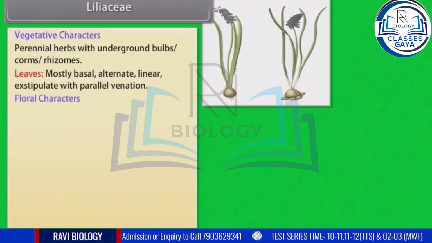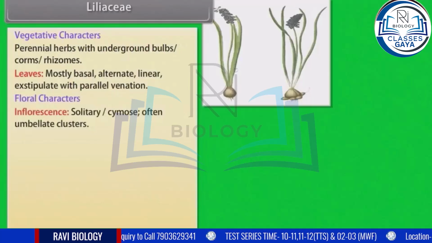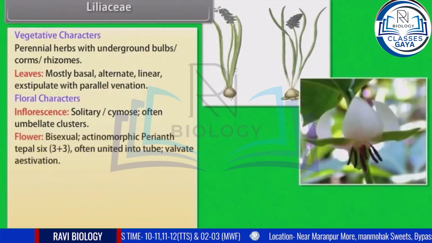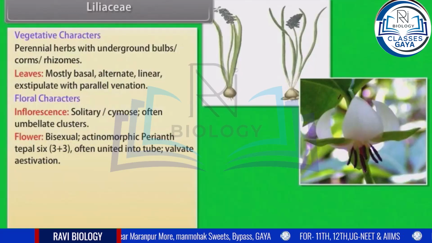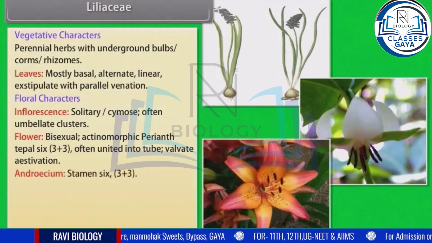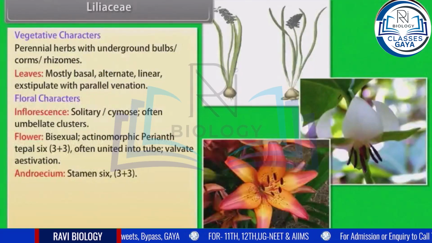Floral characters: inflorescence solitary, cymose, often umbellate clusters. Flower bisexual, actinomorphic. Perianth tepals 6, 3+3, often united into tube, valvate aestivation. Androecium, stamens 6, 3+3.